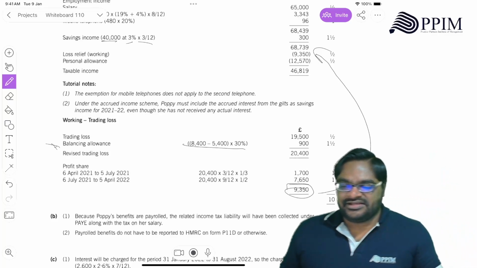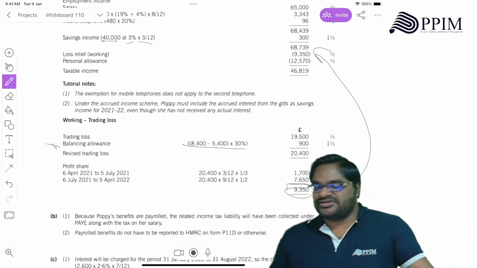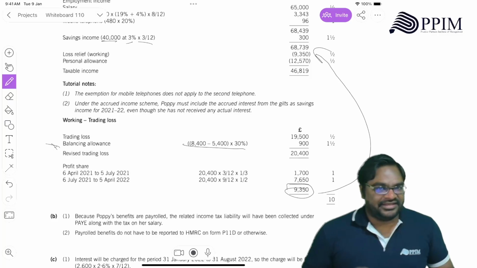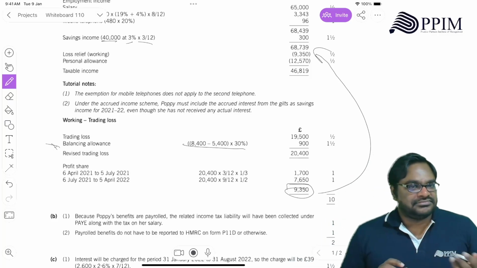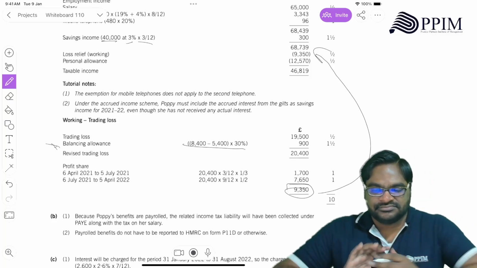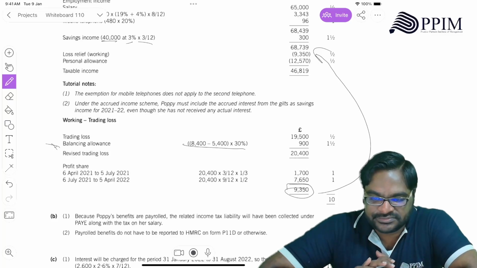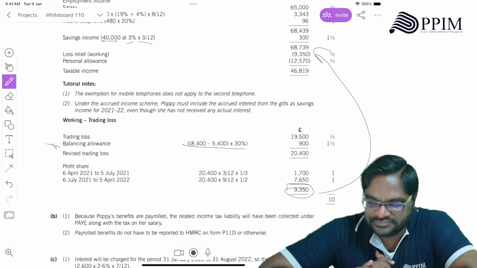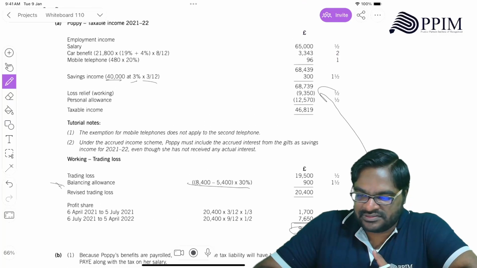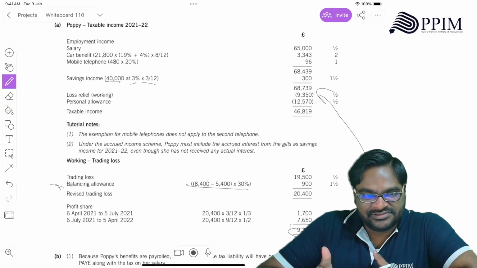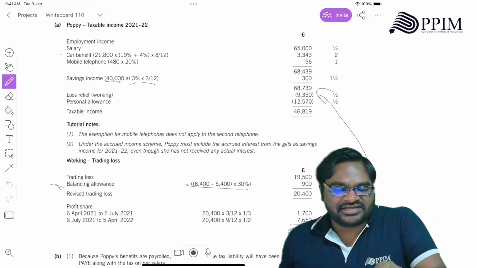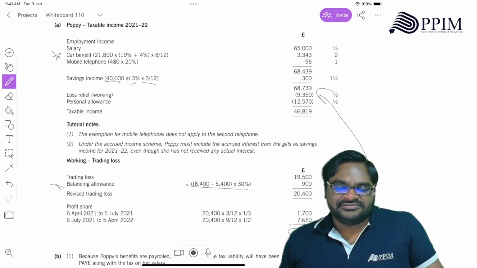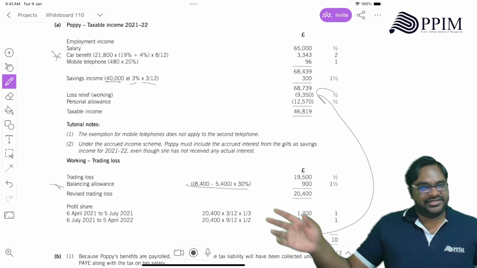The taxable income will be only 46,819. The slight difference is because of the car benefit. Because they are using 23%, you are using 24%.